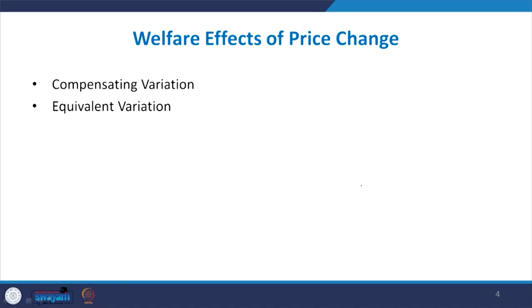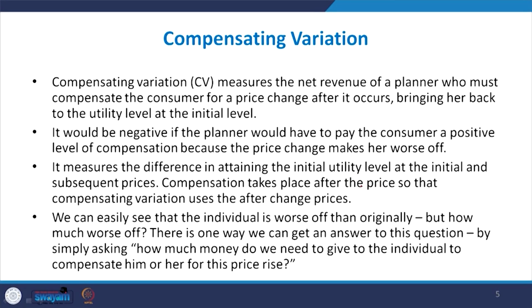Let me now explain the welfare effect of price change through compensated variation. What is compensated variation? It measures the net revenue of a planner who must compensate the consumer for a price change after it occurs, bringing her back to the utility level at the initial level.